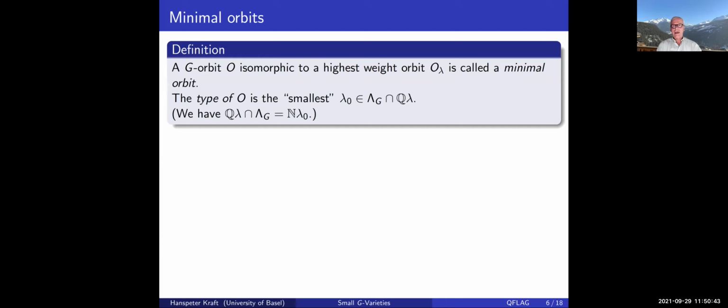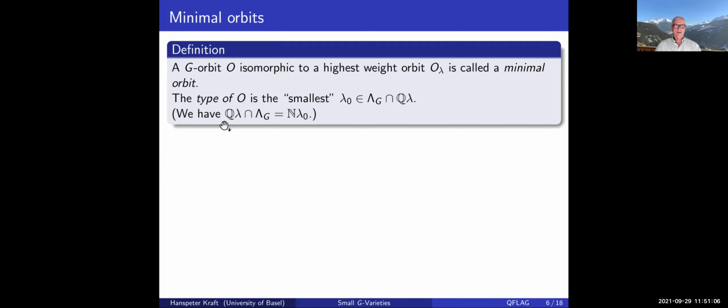I also need the kind of type. You remember the O lambdas and the O k lambdas, they are covering each other. So O lambda covers O k lambda, etc. And I call the type of this orbit the smallest lambda knot in this line.